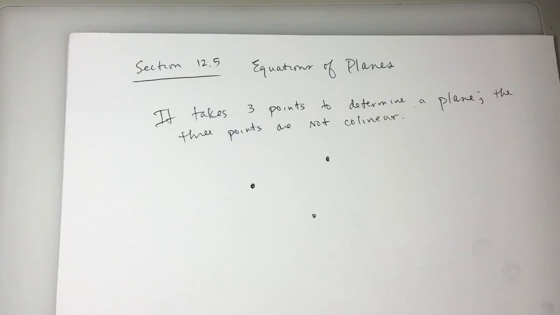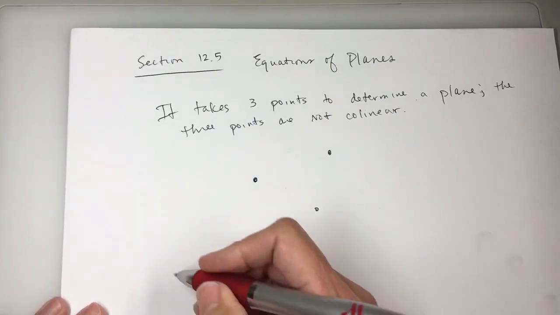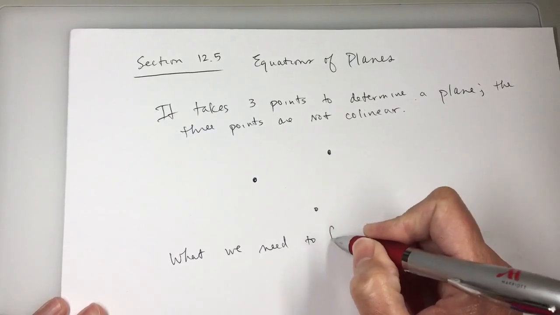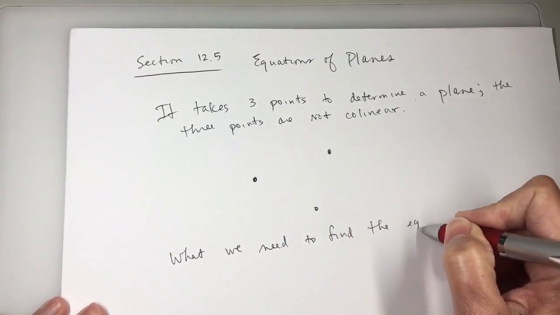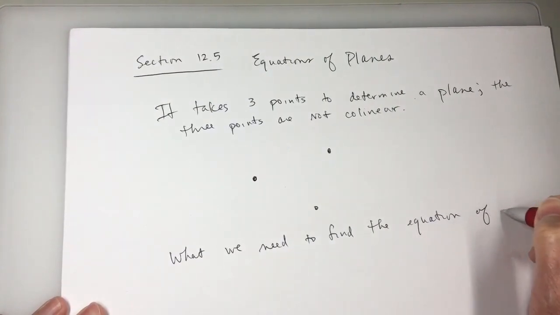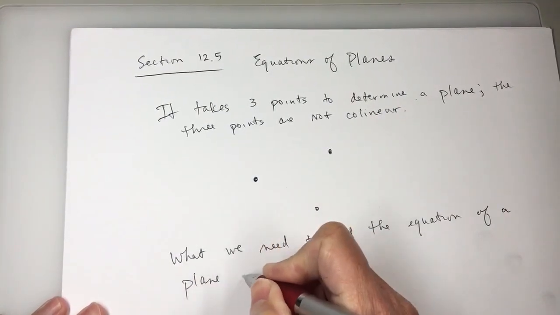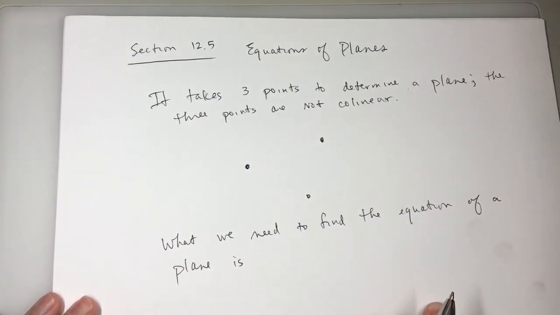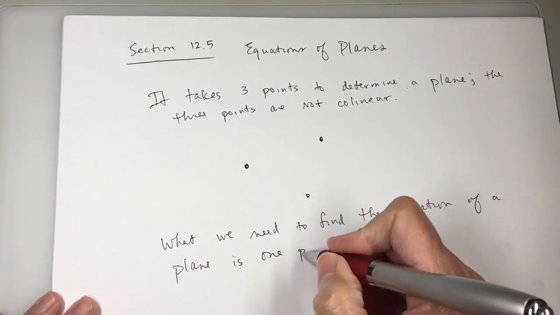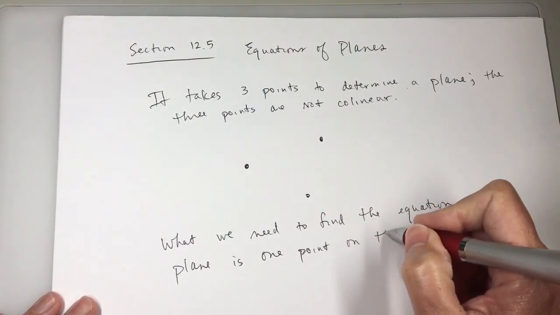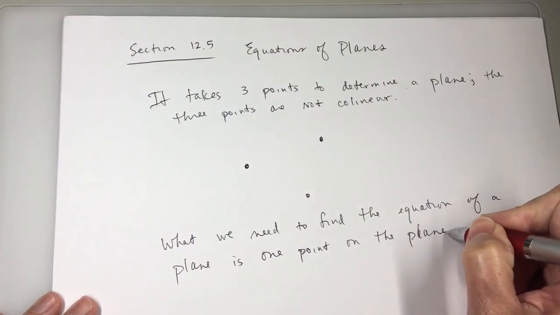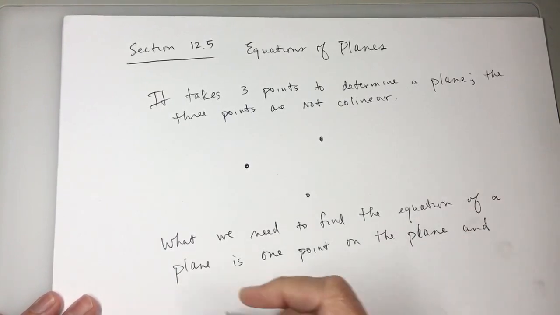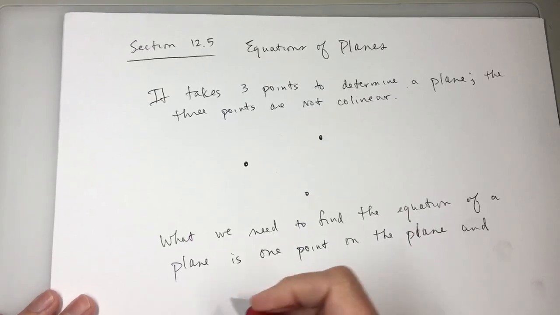Now, what we're going to need for equations of planes is this. What we need to find the equation of a plane is actually 1 point on the plane, and we need a vector, but a special kind of vector.